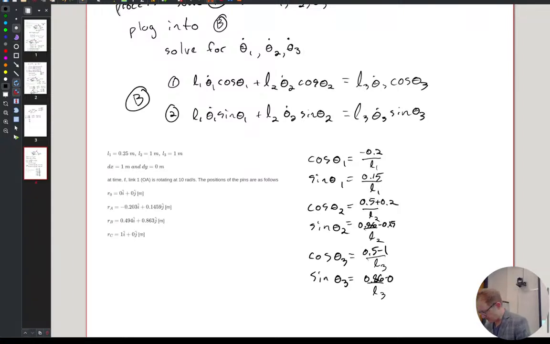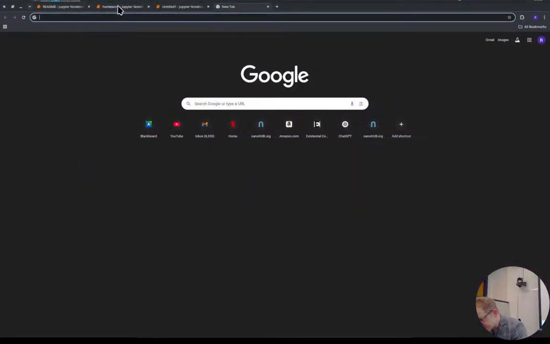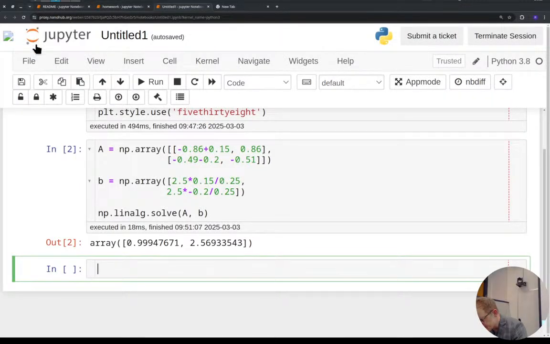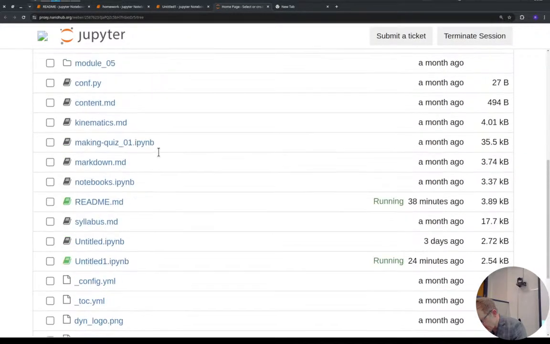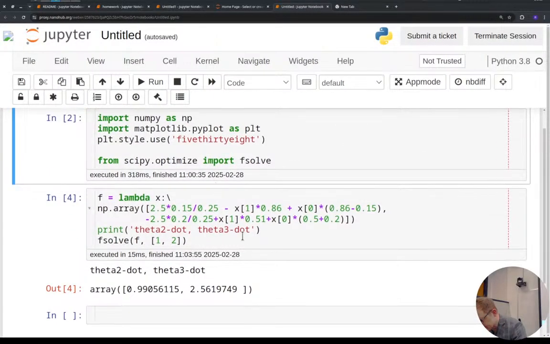Then I think we ended up plugging into a system of equations, right? Yeah, I set up two equations, and then tell fsolve, which is a function solver.